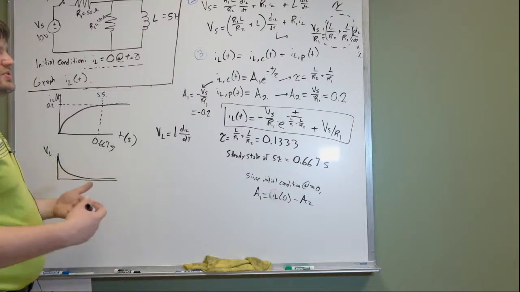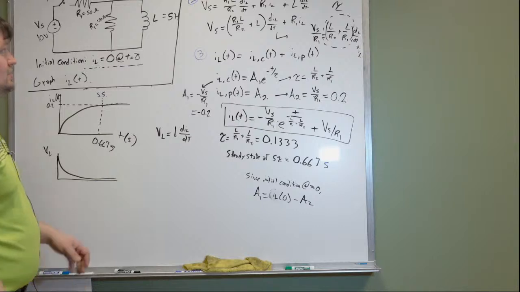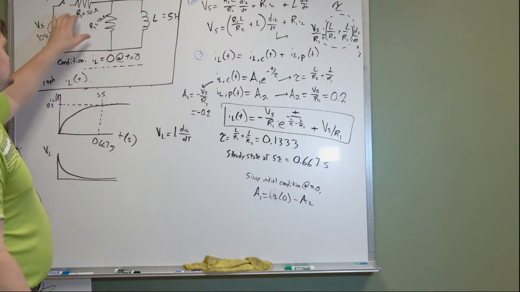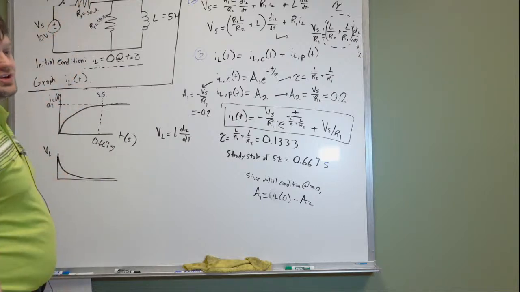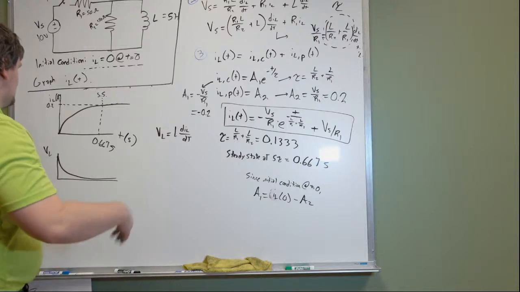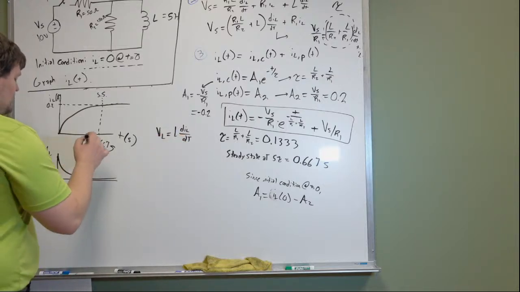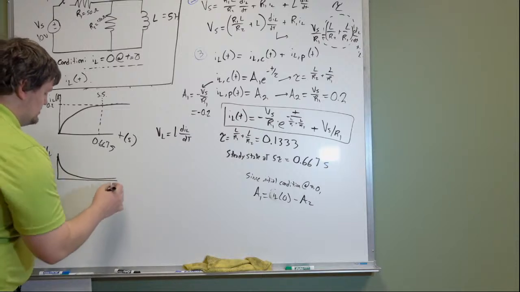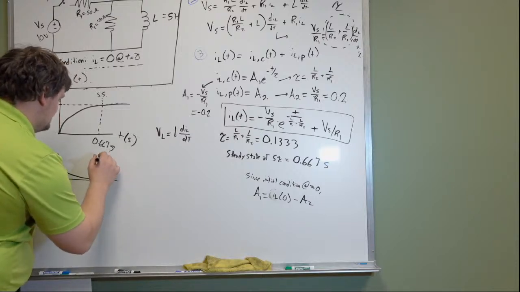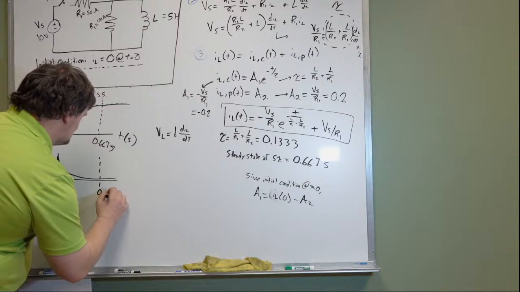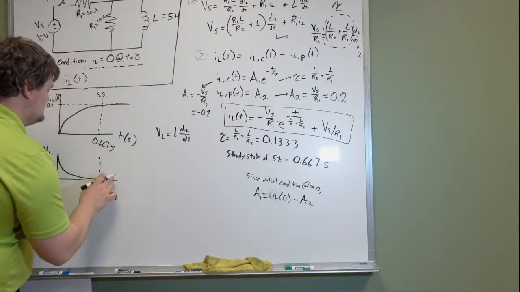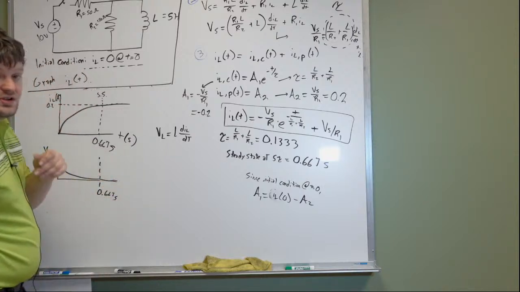0.026 represents the amount of voltage that is present in R2, ironically. Then that goes down to 0 here at 0.667 seconds. This can be assumed to be equal to 0.